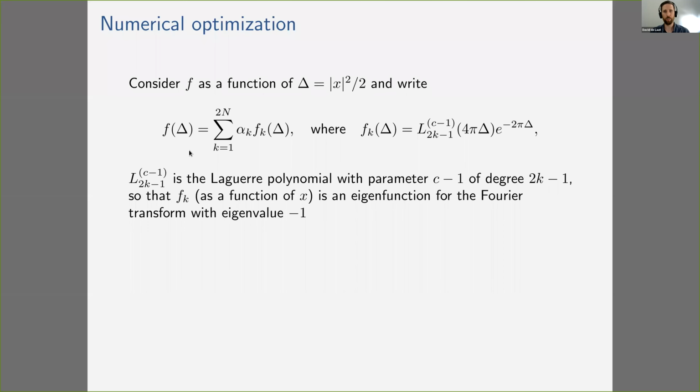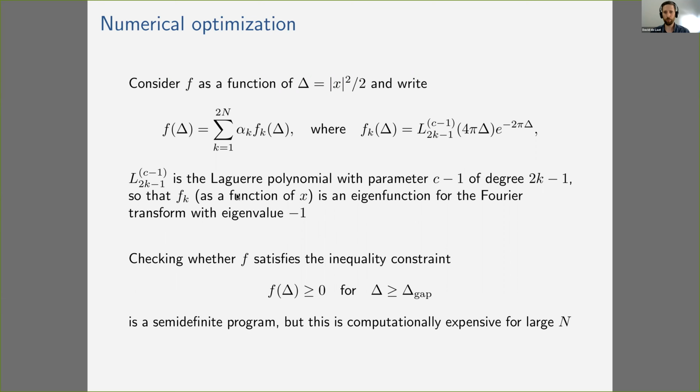So if you define f like this as a linear combination, where the alpha_k's are free variables that can be positive or negative, it's guaranteed that f will be an eigenfunction for the Fourier transform with eigenvalue minus 1. That makes sure that one half of the constraints are always satisfied. And for the other half, we have the inequality constraint outside of this ball.